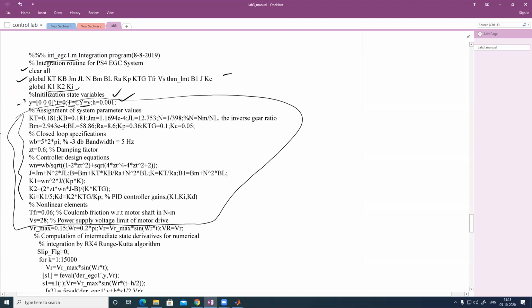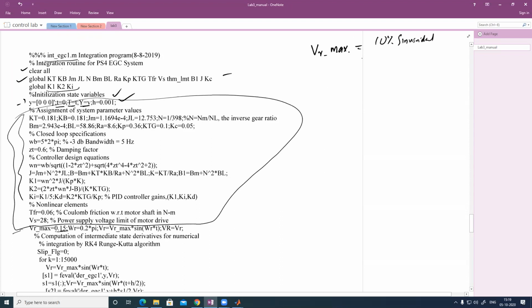This parameter won't change, and you are supplying VR max. This is the point where your question is coming. The VR max I gave in the program is 0.15 only, but in your paper it is a 10% sinusoidal amplitude.